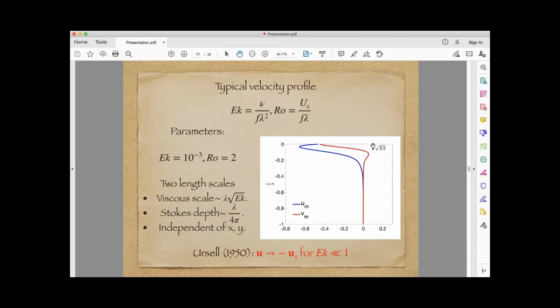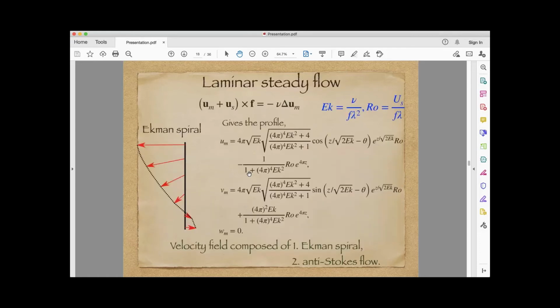So you have two length scales: the viscous length scale, lambda root Ekman, and the Stokes depth, lambda over 4 pi. This mean flow velocity profile is independent of x and y. It's a constant, independent of x and y solution.